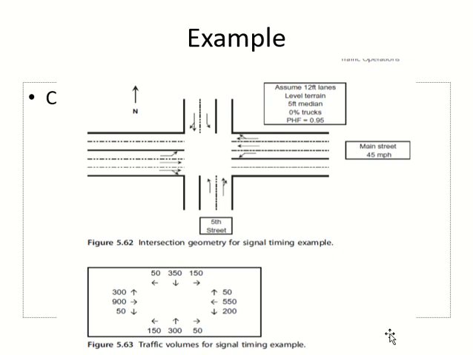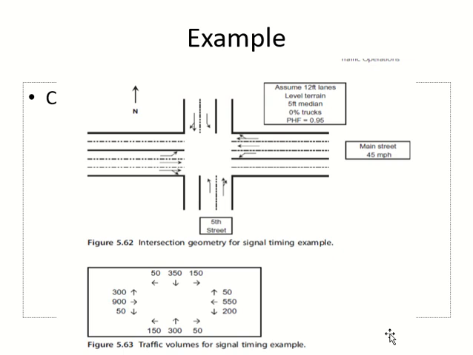For each lane group, now I have to decide the demand volume. You can see the volume is not given according to lanes; the volume is given according to movement. For example, this lane group is only for left turn. What is the volume of left turning? 150.